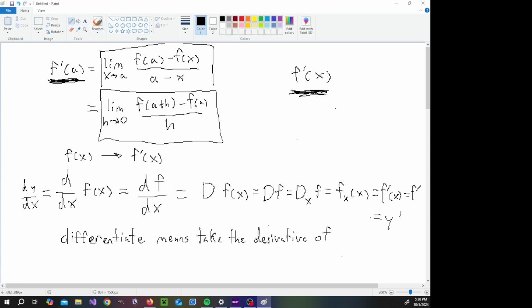So right now we're just throwing a lot of notation at you to say these are all the different ways that we write the derivative. However, these in the middle here are not going to be used in this class.